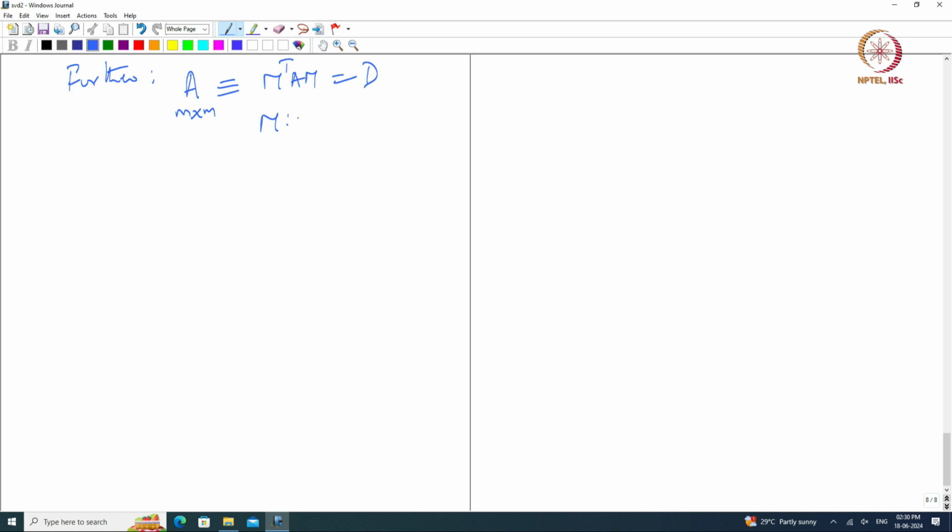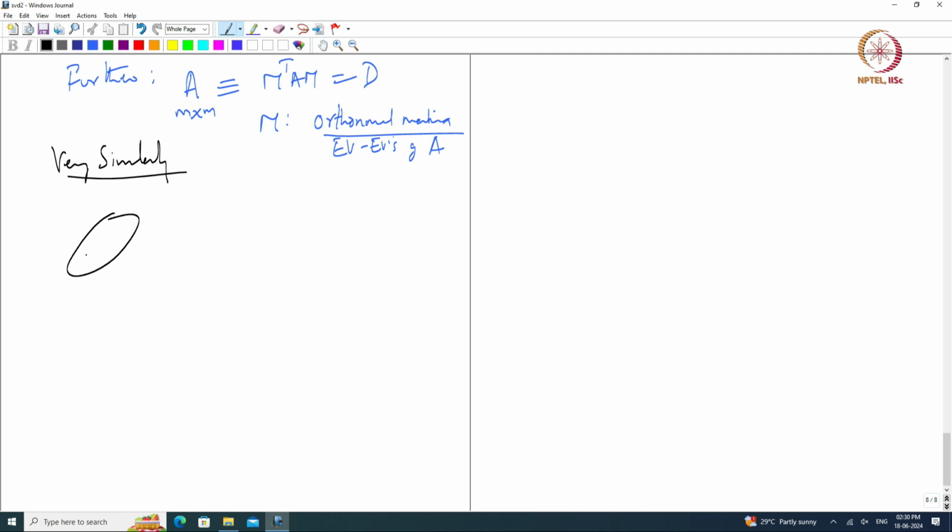This M was an orthonormal matrix made up of the eigenvectors of A. Very similarly, I need the following.